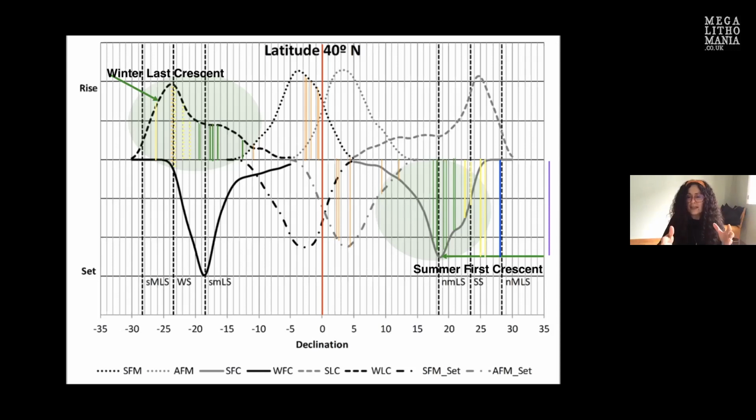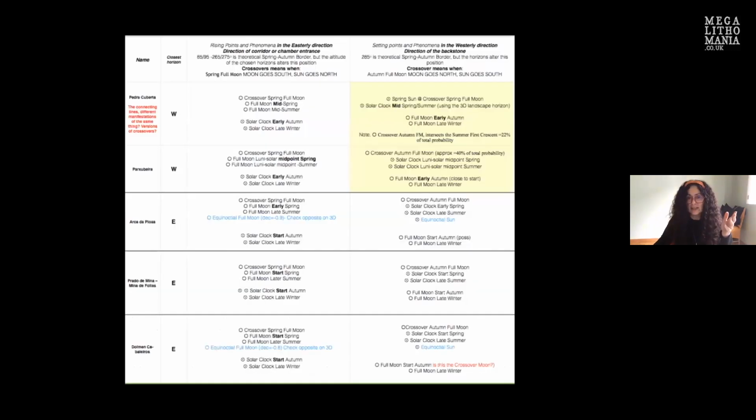The other thing is that for the setting points around the minor lunar standstill, the probability is exceedingly high for the summer first crescent. So what we've actually got is a massive interest in the phases of the moon linked to seasons, supported by probability analyses.